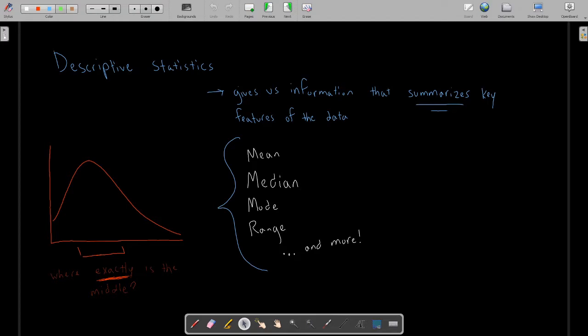Some examples of statistics, sometimes also called summary statistics, are the mean, the median, the mode, the range, and there are a bunch more. In this video, we're just going to be looking at statistics that tell us about the central tendency of the data. Ones like range and standard deviation will go into a future video, but we're going to be looking at those three M's today.